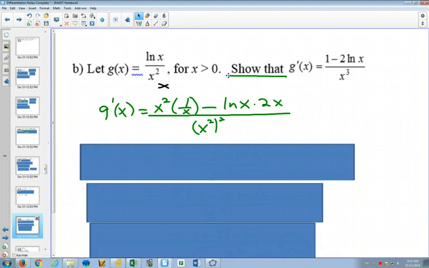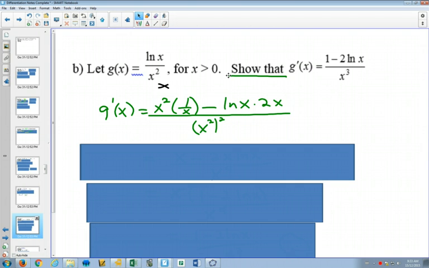And if this was a nice show that question, after your first step, you would be done. But they don't look the same yet. But there's going to be hints built into the show that. For example, on the bottom of my function, do you see that you're going to have an x to the 4?